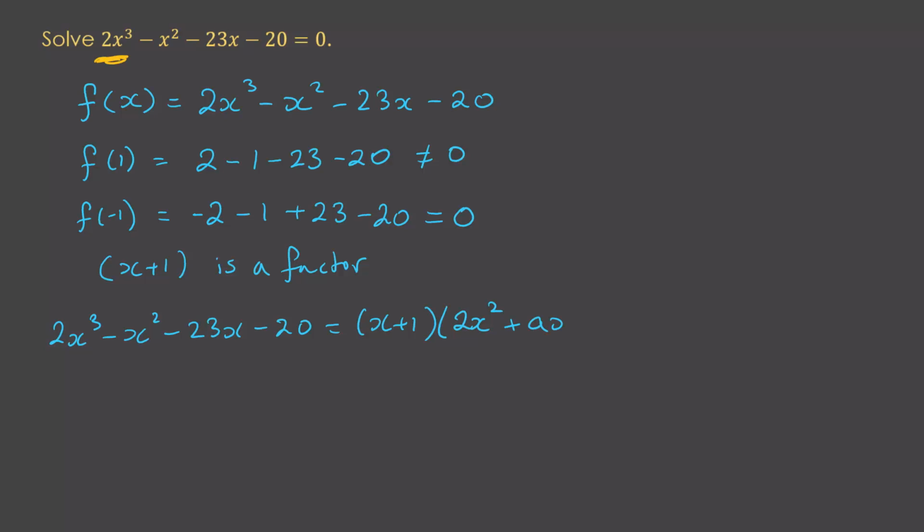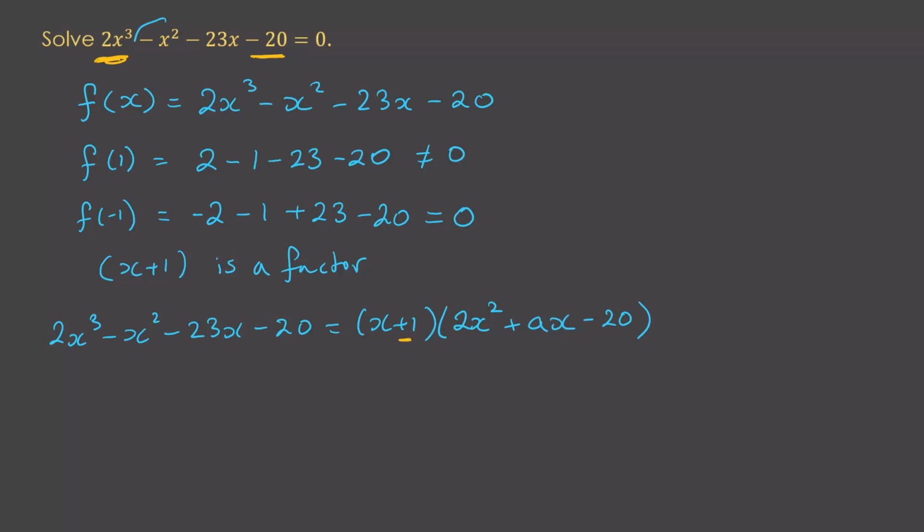I actually don't know what the middle term is, but this finishes up with negative 20, and because I've got a plus 1 here, I'm going to need a minus 20 just there, so that when I expand out, I get the negative 20.